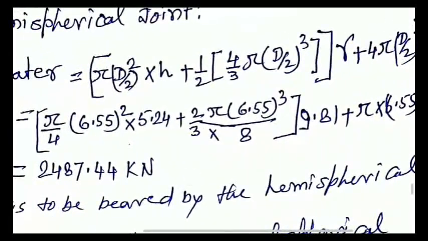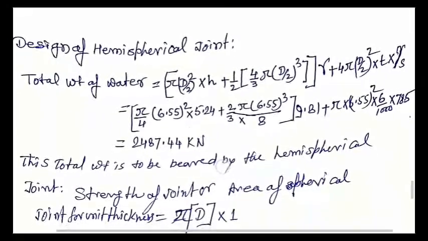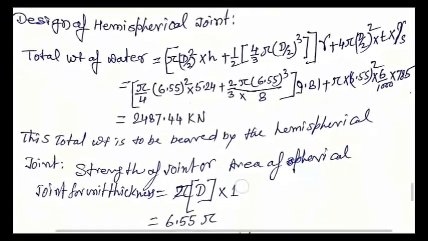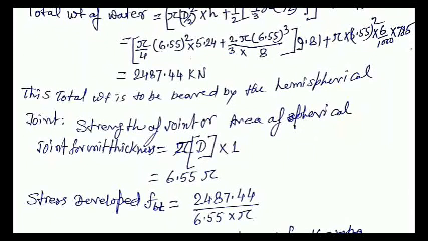So come to the solution of this equation. The total weight of this tank comes out to be 2487.44 kilonewton, and this whole weight is to be borne by the hemispherical joint.